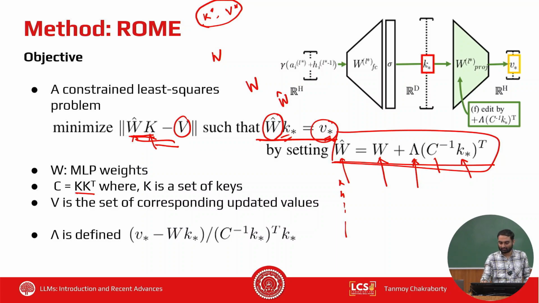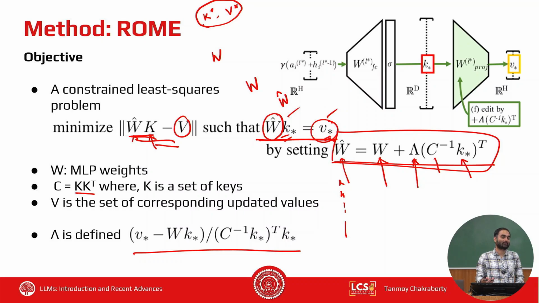And this Lagrange multiplier is defined as follows. The proof is very simple. Go back and read the paper. You'll understand. But what is important here is that this objective function can only be executed if you know K star and V star. Obviously, if you know K star and V star, then only you can execute this.